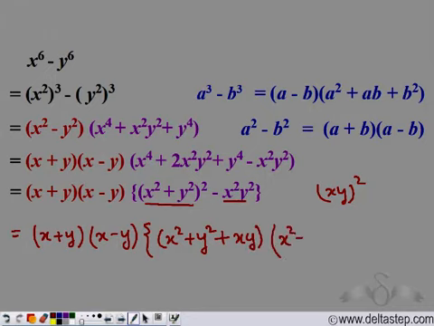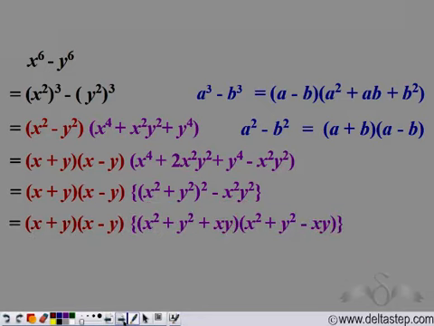So a is x square plus y square minus b is xy. So this is what we have. x square plus y square plus xy into x square plus y square minus xy. So this is the factorized form of this expression. This is the same as we had got earlier by considering the square first and then factorizing. But that was much simpler as compared to this.